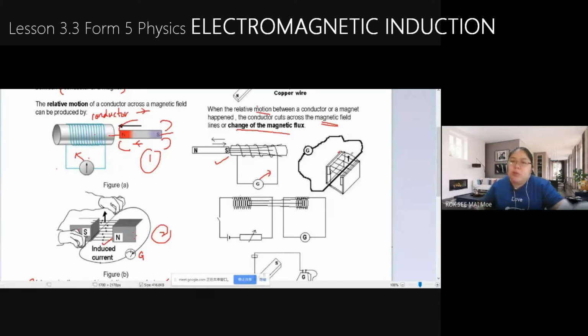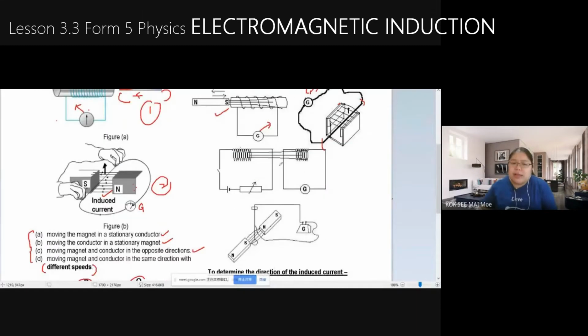The second one is the magnet in between, which has flux. Then you move the conductor up and down, so you are also cutting the flux, and the galvanometer will also be deflected. Third one, just now they said closer.